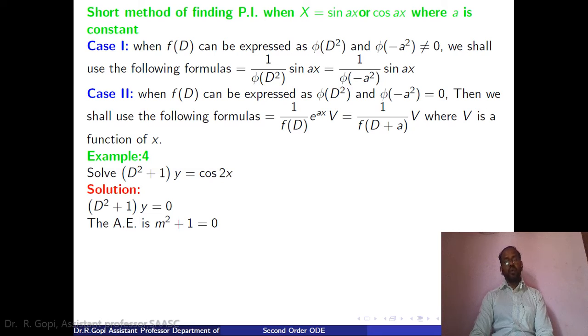Here the roots are complex roots. The complementary function is of the form e power alpha x into a cos beta x plus b sin beta x. Here alpha equals 0, only beta equals 1. Then the complementary function becomes c1 into cos x plus c2 into sin x.